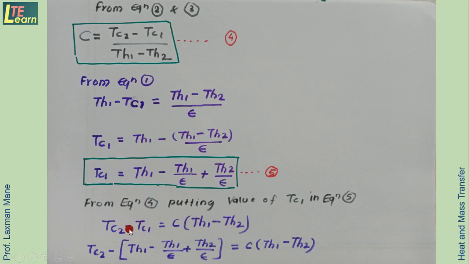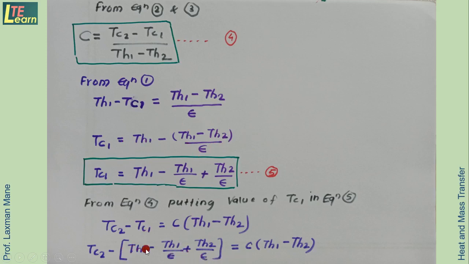So here TC2 minus TC1 is equal to C into TH1 minus TH2. First of all, from equation 4 we have written this line, and then at the place of TC1, we have put this expression that is inside this bracket.